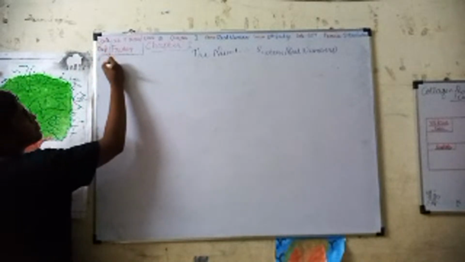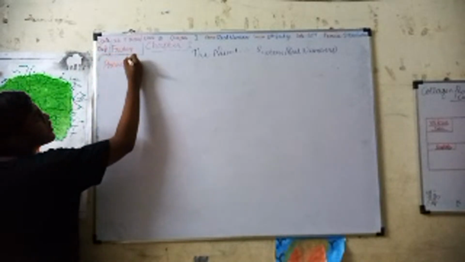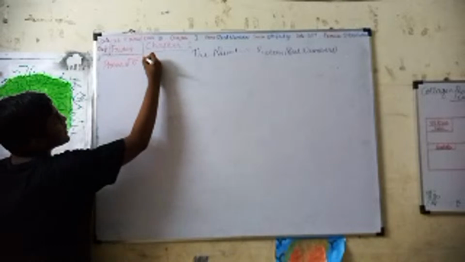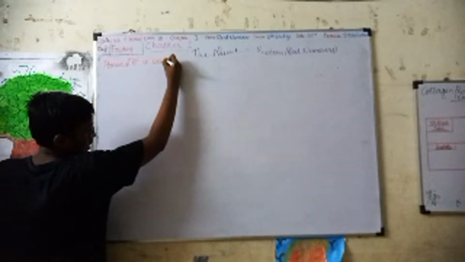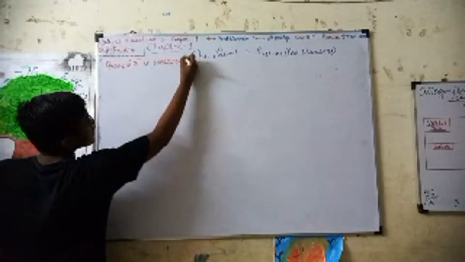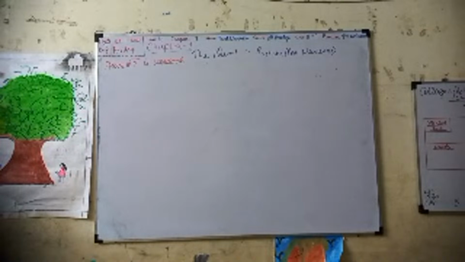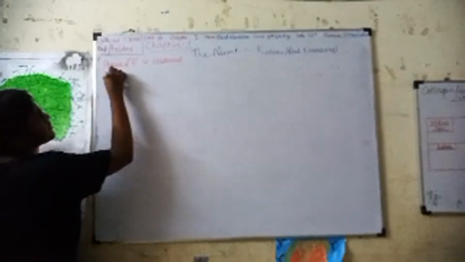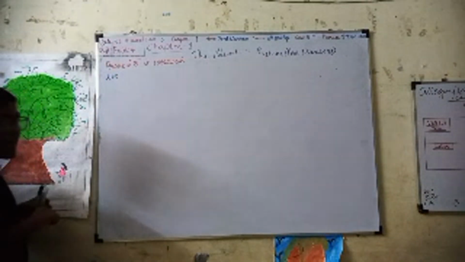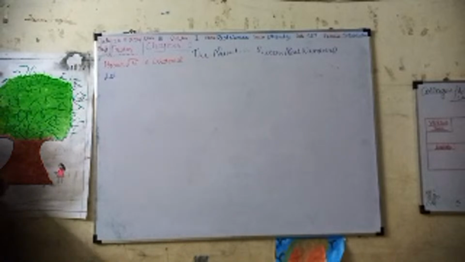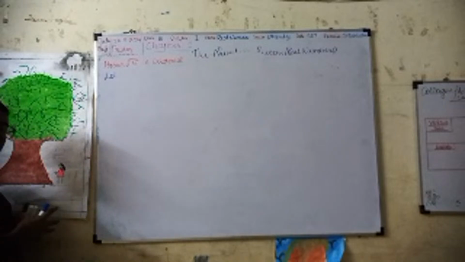So we are going to prove root 5 is irrational. How are we going to prove this? We are going to consider root 5 as rational, and we are going to prove it as irrational.